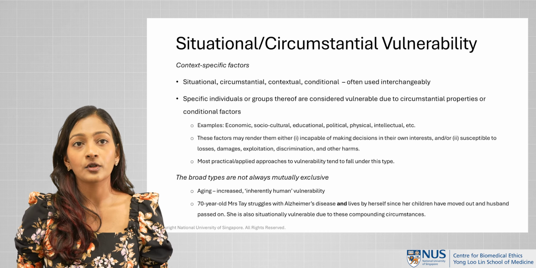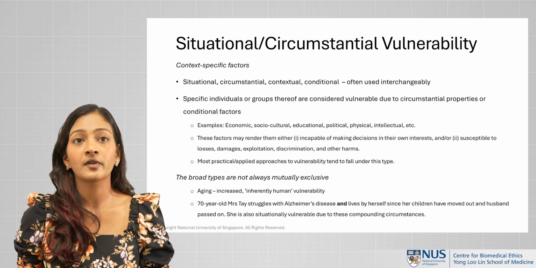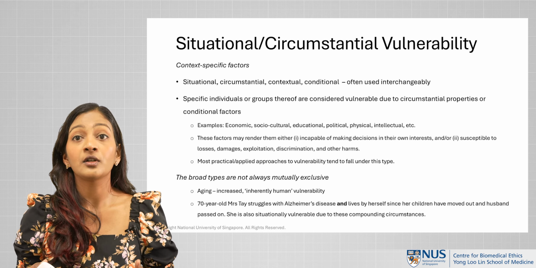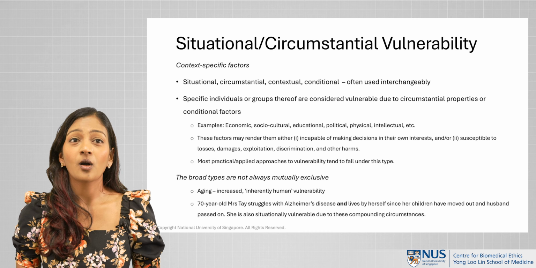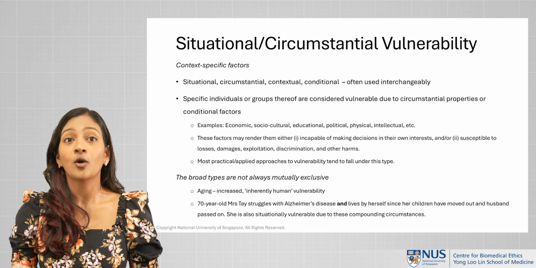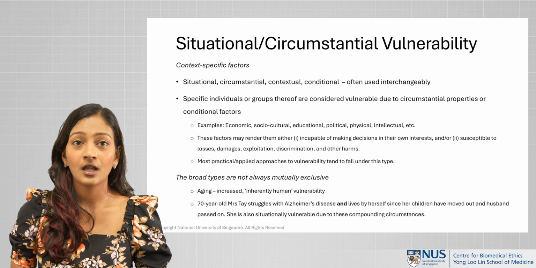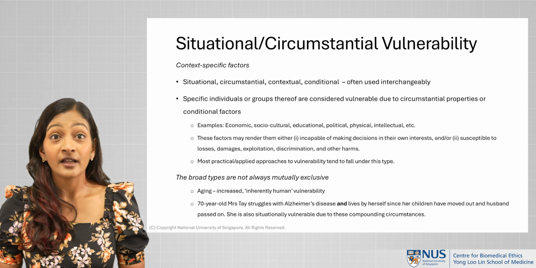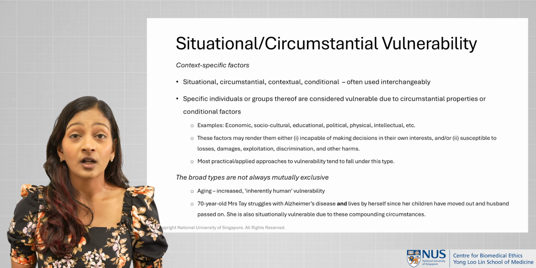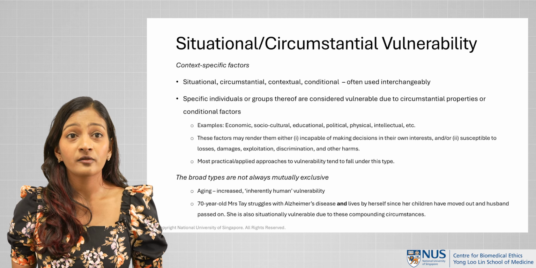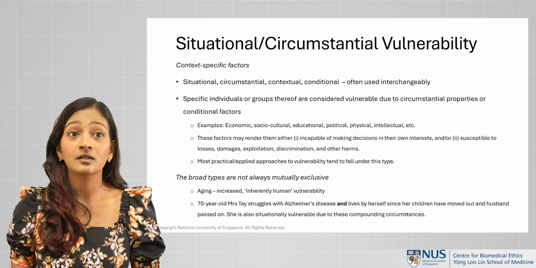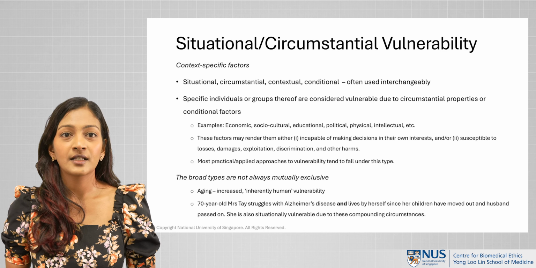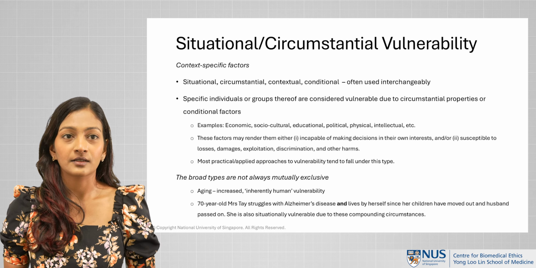Under this approach, specific individuals or groups are therefore considered vulnerable due to circumstantial properties or conditional factors that are add-ons to the inherent traits. Some examples could include economic factors, social-cultural factors, educational factors or limitations, for instance, political factors, physical or intellectual factors.